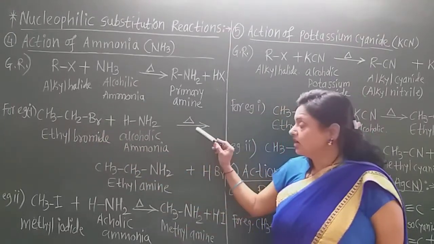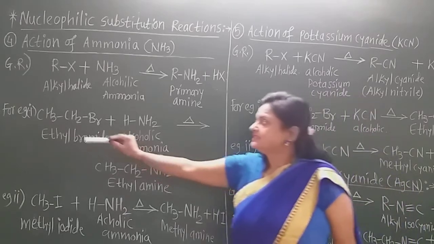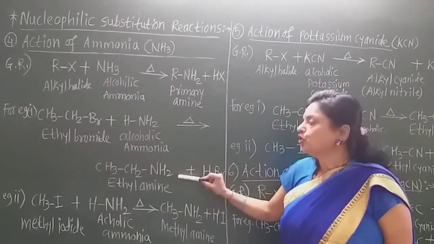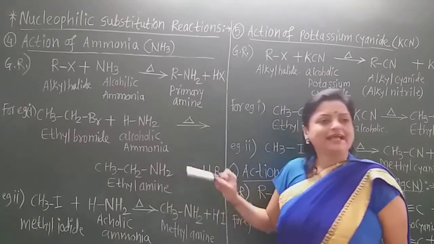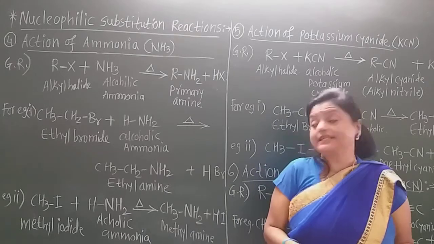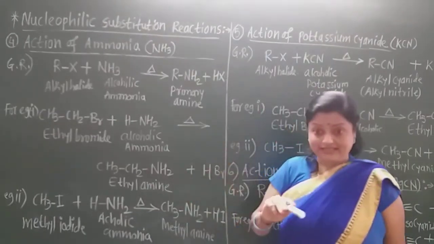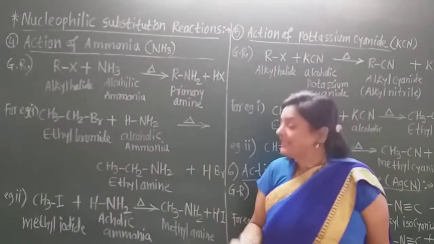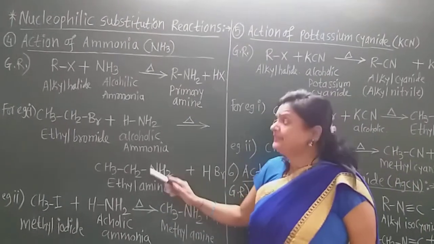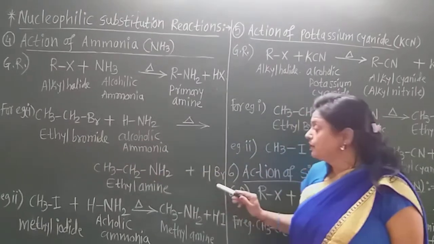After heating, what is the product? CH3CH2 directly attached to the NH2 group, and this primary amine has the name ethylamine, or the IUPAC name ethanamine. Ethanamine is the IUPAC name and ethylamine is the common name. And the byproduct HBr is formed here.